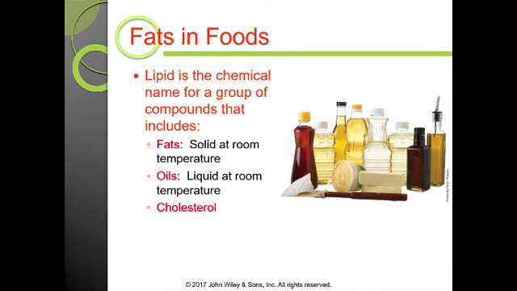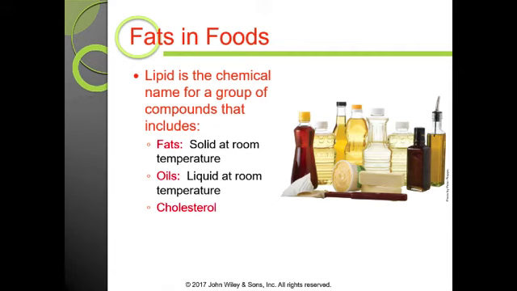When I think of the word fat, a lot of different things conjure up, but the technical term for the word is actually lipid. Lipids include fats, oils, and cholesterol, and we use the word fat to refer to many things. For the purposes of our book, lipid is the chemical name for a group of compounds that includes fats.